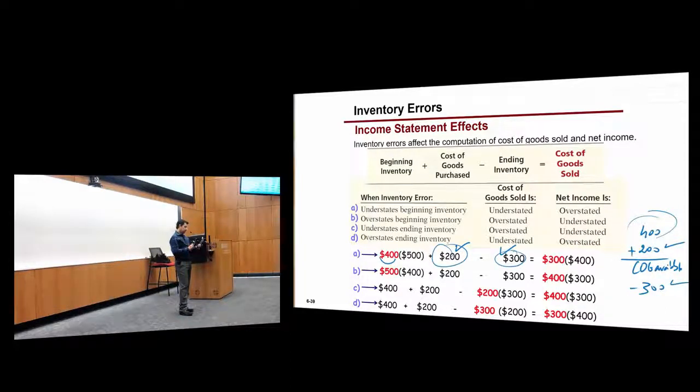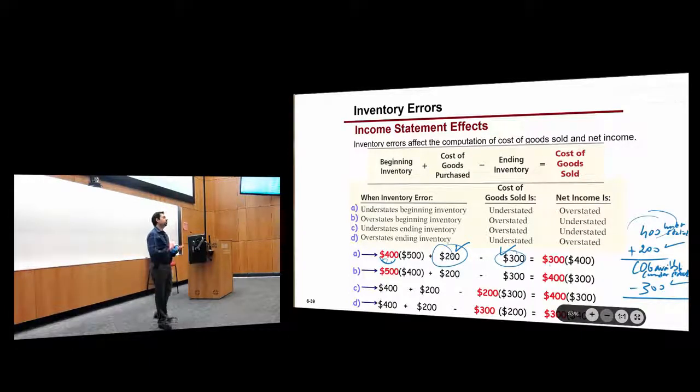In this case, what would be the cost of goods sold? Remember that the cost of goods available for sale is actually understated. Why is it understated? Because this one was understated. You said that it is 400, whereas in reality it was 500. So you need to add the 100 to it, right?